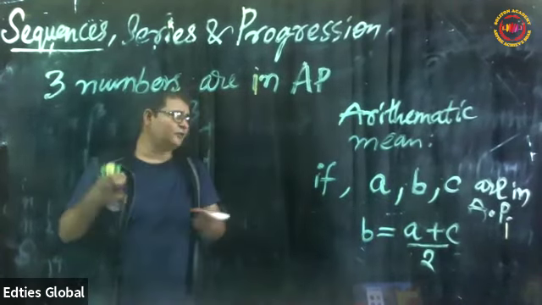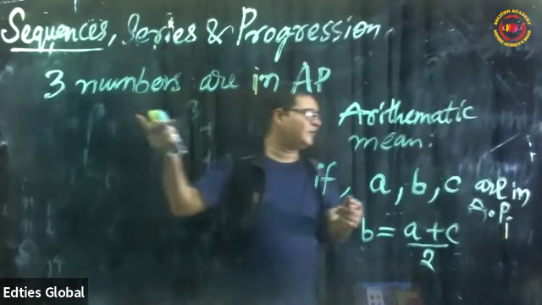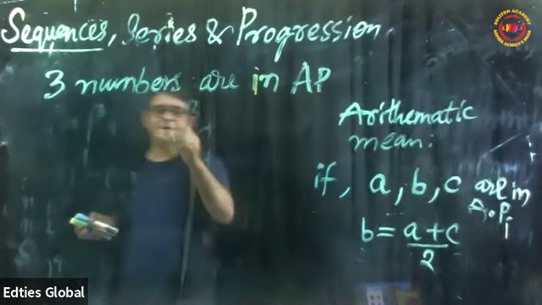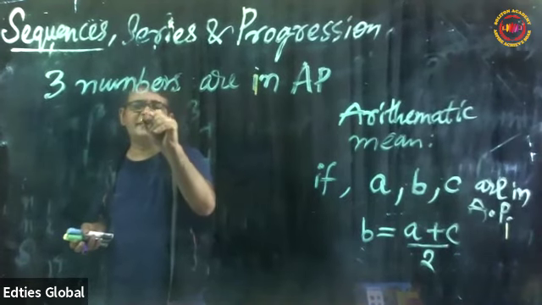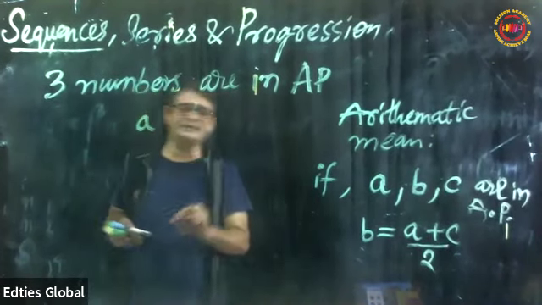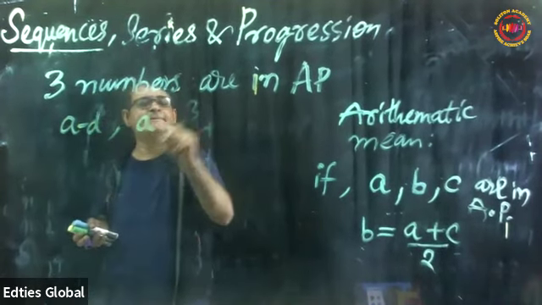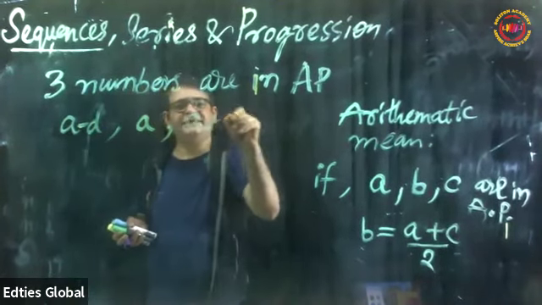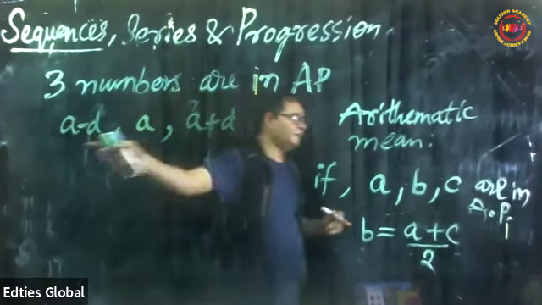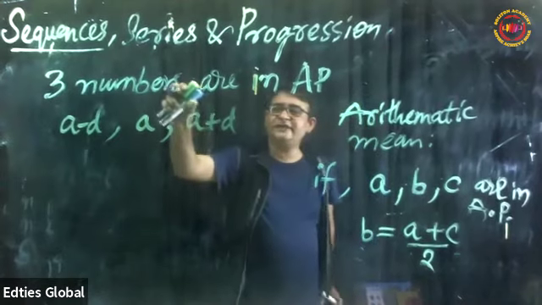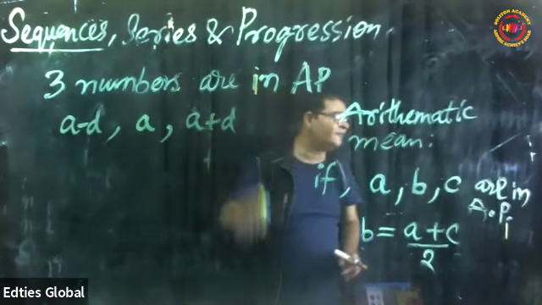So when you are given a problem that three numbers are in AP, do this, do that, and so forth, you can take these three numbers as A minus B, A, A plus B, right? Okay. Yes, sir. So this will help you solve that problem very easy.